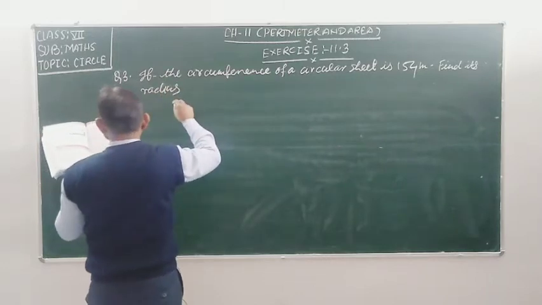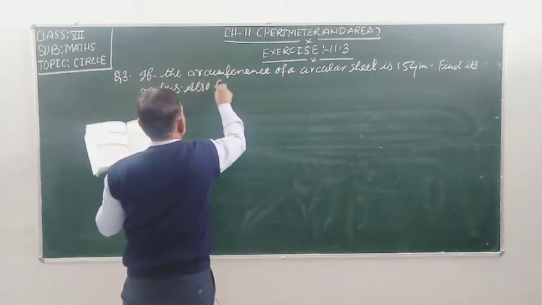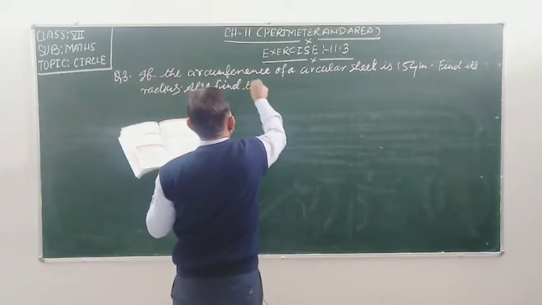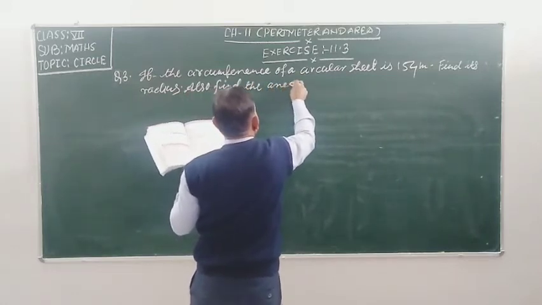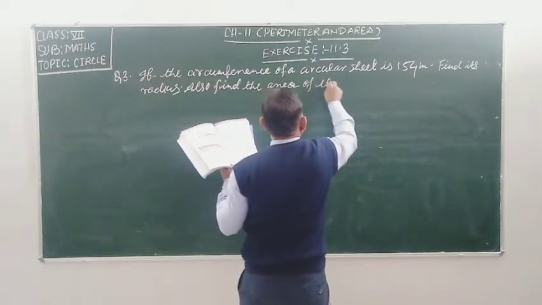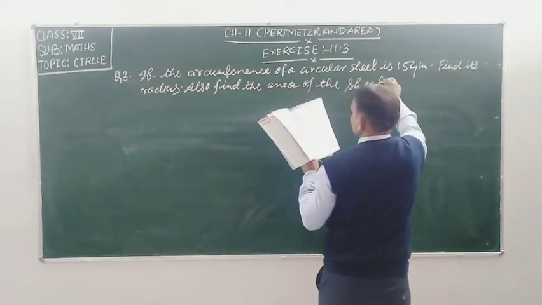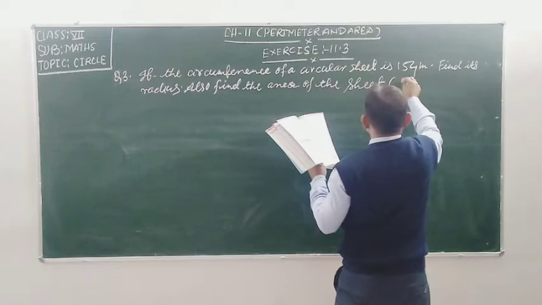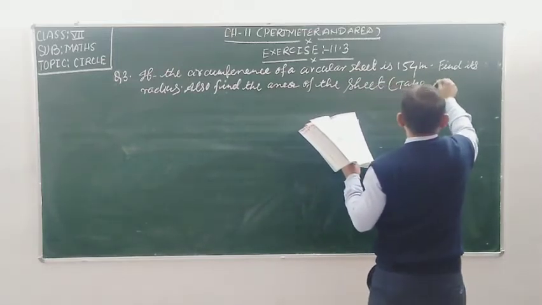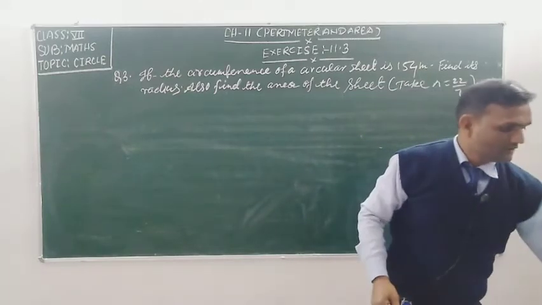Also find the area of the sheet. And the value of pi is given, student. Take pi is equal to 22 upon 7. It is the question, student. Very easy question.